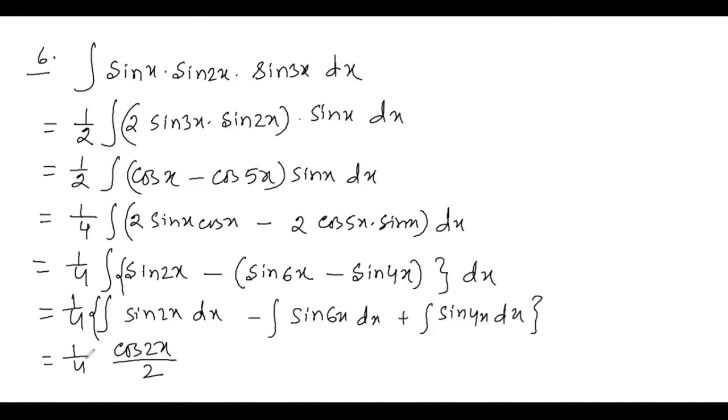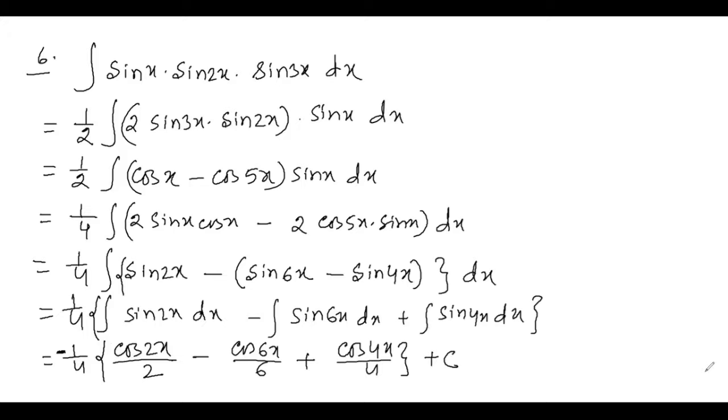Here is a negative sign, so for all of these we can write this negative sign at first. You can take it common, then put the bracket, this negative sign for all the integration. Then put the same sign: cos 2x by 2 minus cos 6x by 6 plus cos 4x by 4 plus c. This is the answer. Then you can multiply this 4 and also this sign with all these functions, so you will get that answer. I think this is clear.